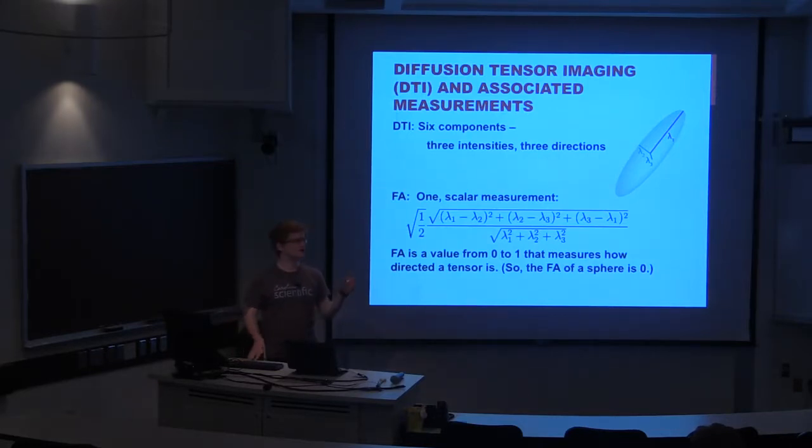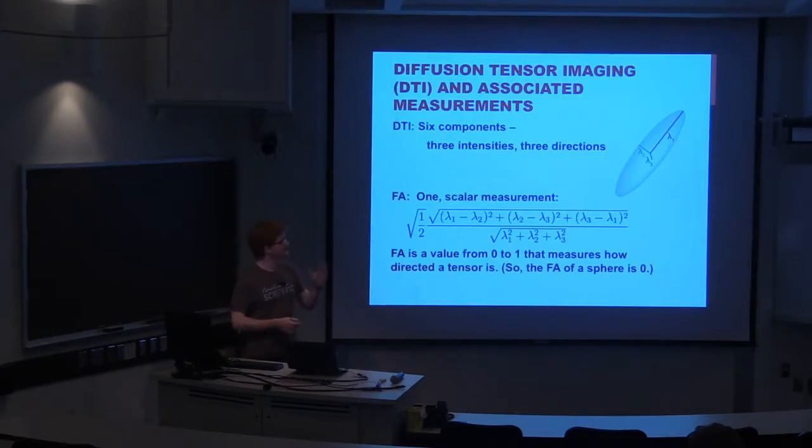So you have three directions that you need to use to indicate a particular direction in 3D space, and you also have the 3 radii of each of these tensors, which is indicated by the first eigenvalue, which you can see right there is represented by lambda 1, and the second and third eigenvalues as well.